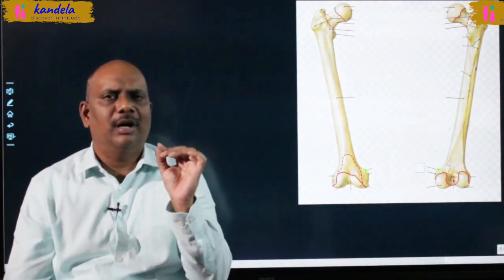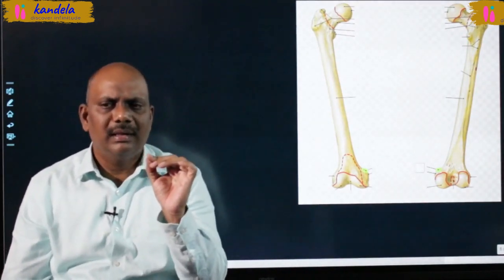This groove in the backside of the femur bone, which provides the attachment area for the muscles, is called linea aspera. Make sure the presence of linea aspera is an indication of bipedal locomotion.